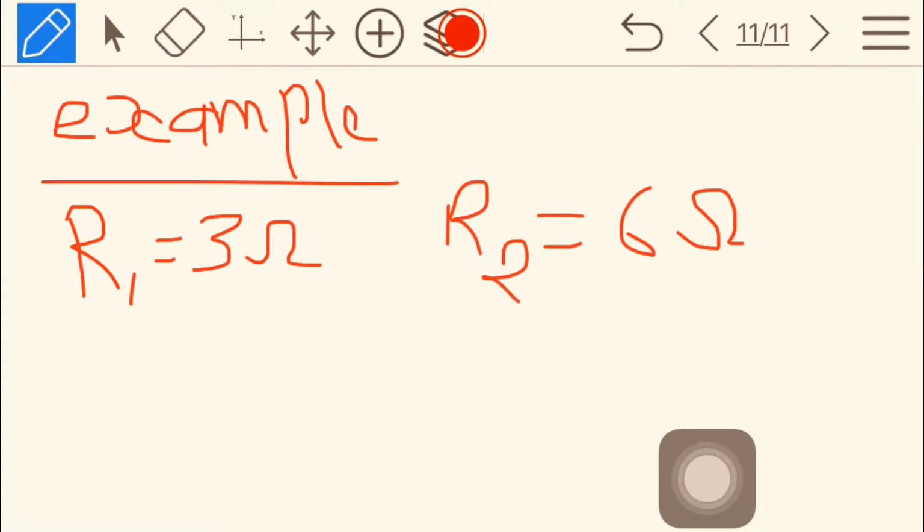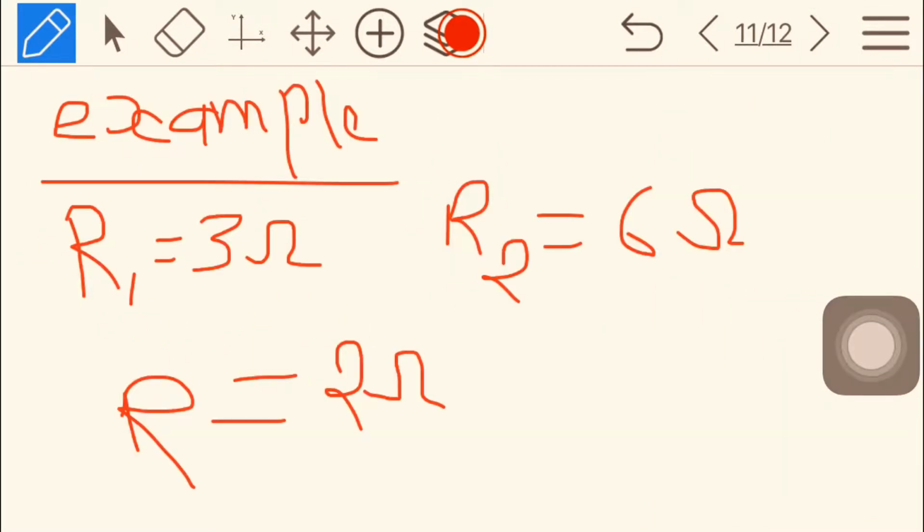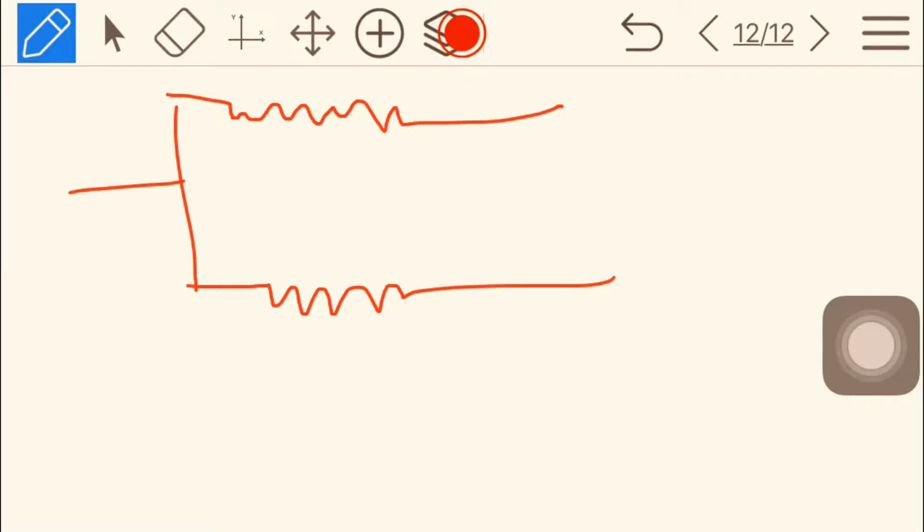Let's consider an example where R1 is equal to 3 ohm and R2 is 6 ohm. But we need 2 ohm resistance. How can we use these two resistors? For this, we can combine them in parallel combination.